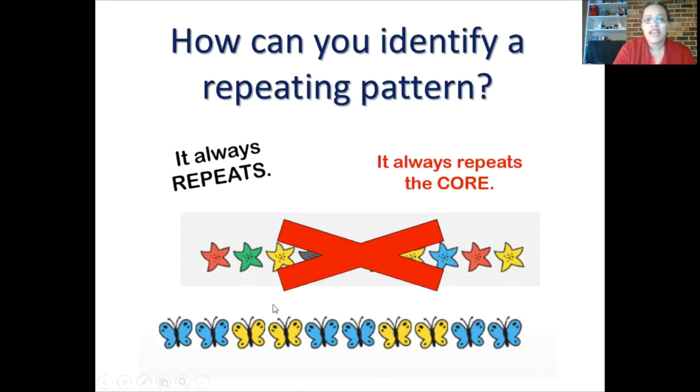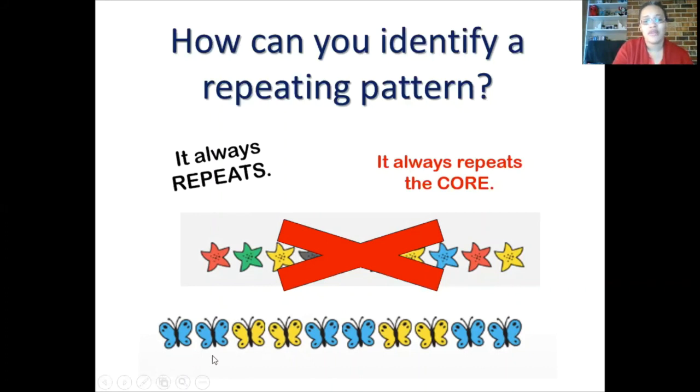It always repeats the core. Let's see if we can tell what part of this pattern repeated. Let's see, blue, blue. Now, is the next butterfly blue, blue? No. So this isn't the core by itself.